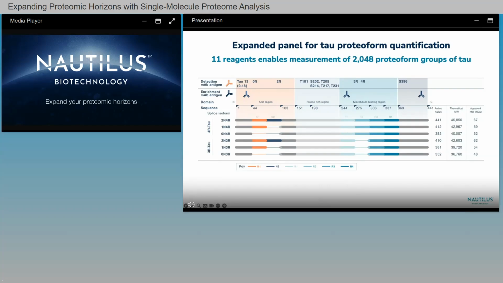And what we're going to show you first is a little bit of validation of that, and then measuring that in biologically relevant model systems. This new data highlights our platform's proteoform level analysis of tau, and this is something that simply wasn't possible at this scale and with this sensitivity previously.